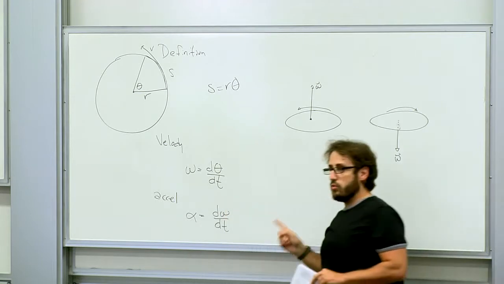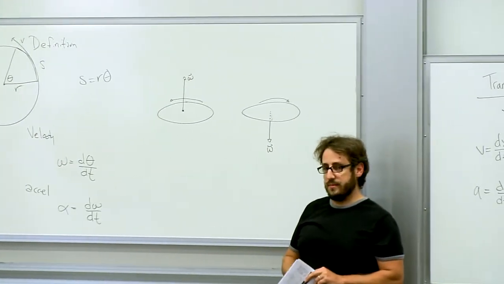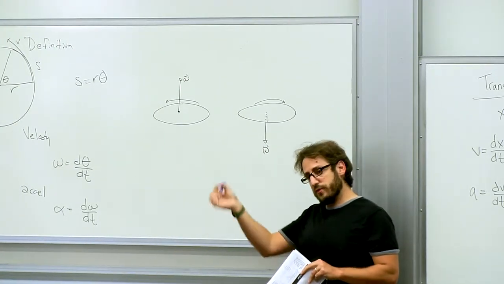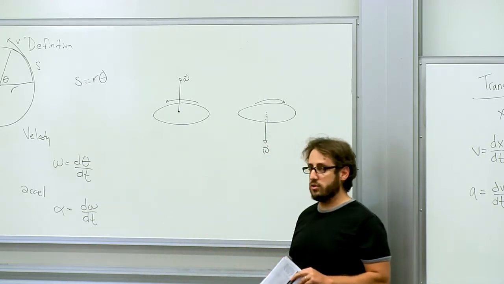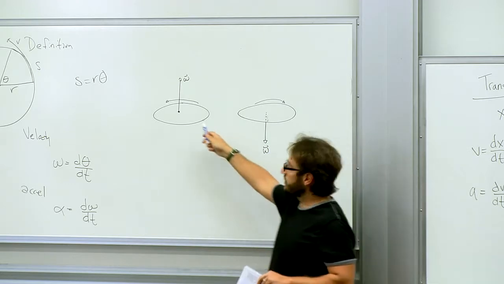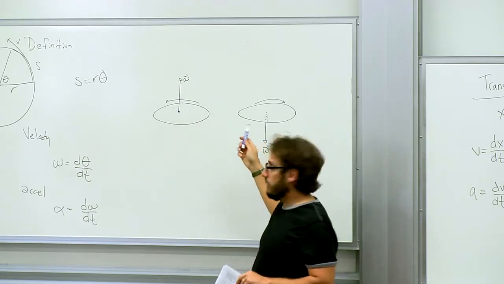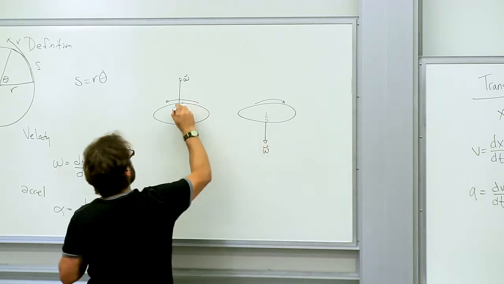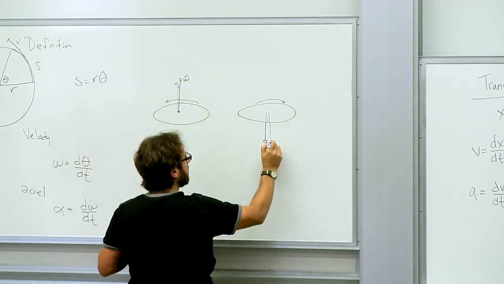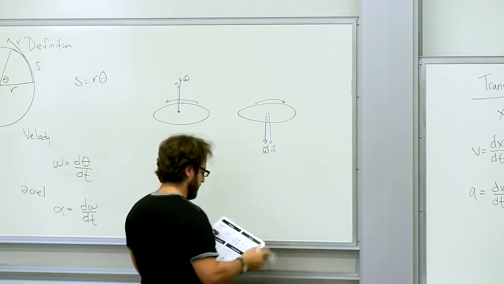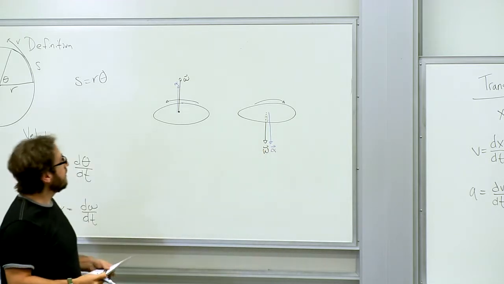But here we're considering the angular velocity, not the translational velocity of an object moving in a circle, but the rate of change of your angular velocity. So we use the same convention here, right? We can have positive alpha, we can have negative alpha.